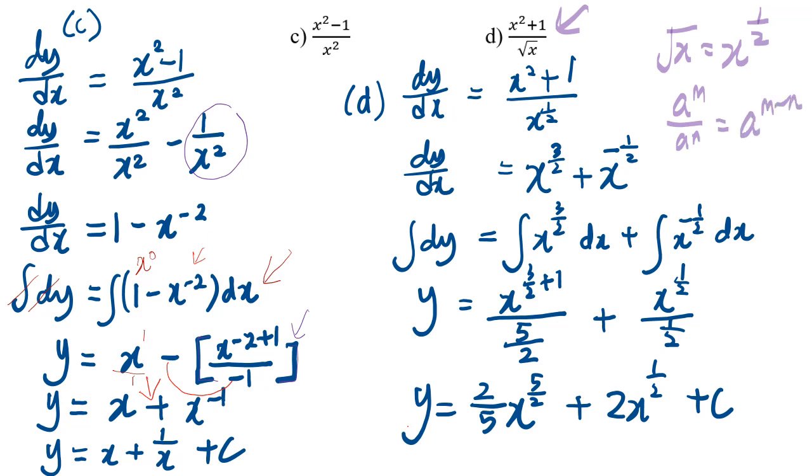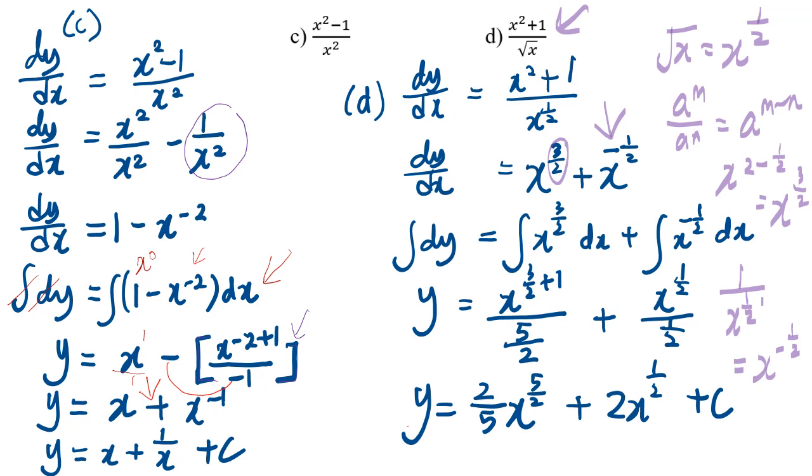If you have forgotten, x to the power of 2 minus half, so it's 2 minus half, gives you x to the power of 3 over 2. That's how I get it here. And 1 over x to the power half, if you convert to a negative index, is x to the power negative half. That's how I get it here.